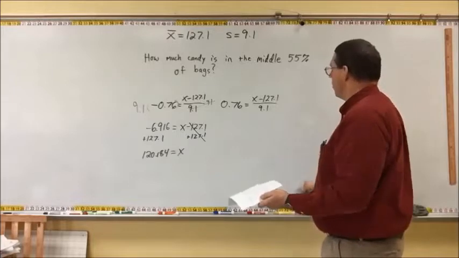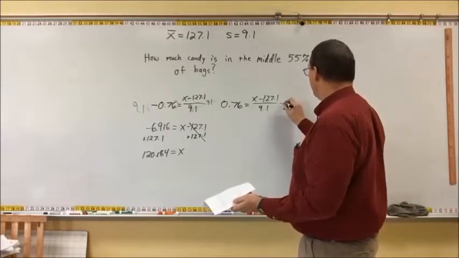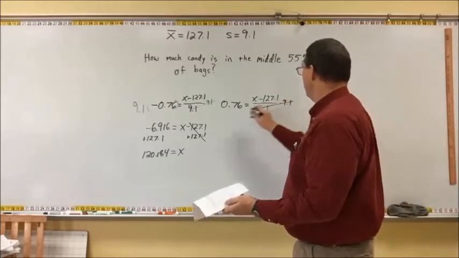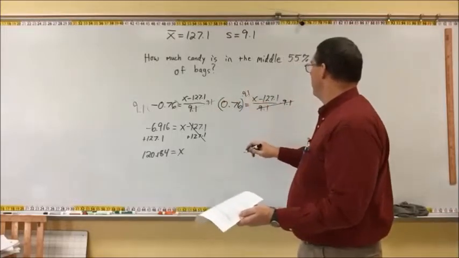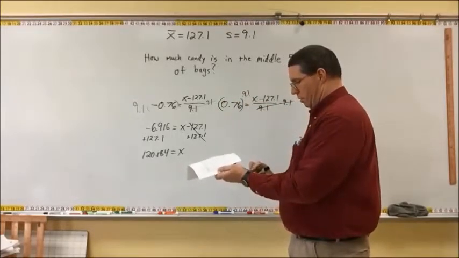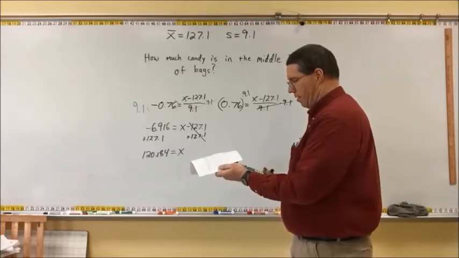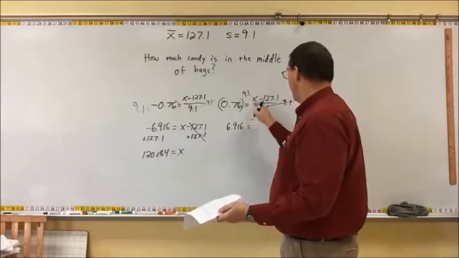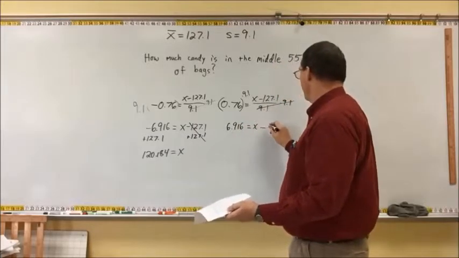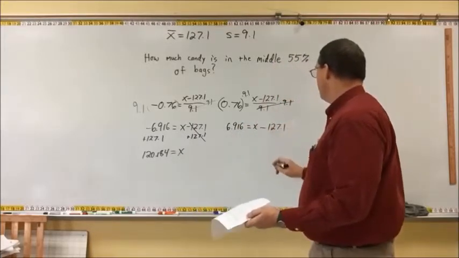Now let's solve this one. Get rid of this z-score. Again, we're going to multiply both sides by 9.1. 9.1 times 0.76 gives us 6.916 is equal to x minus 127.1.